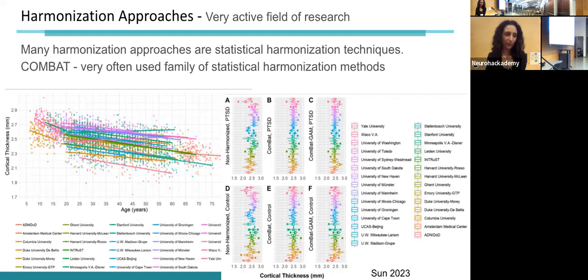So in terms of the ComBat family, we've done a couple of empirical tests of different ComBat approaches and how it works with some ENIGMA data. In the PTSD working group, we looked at harmonization.